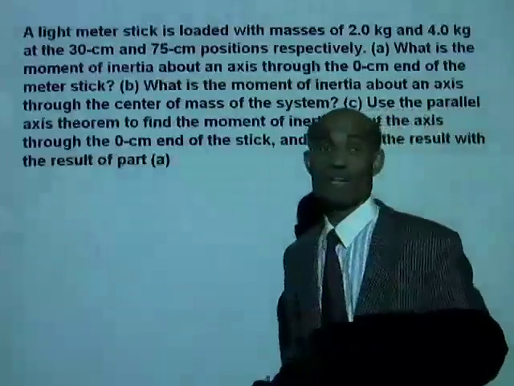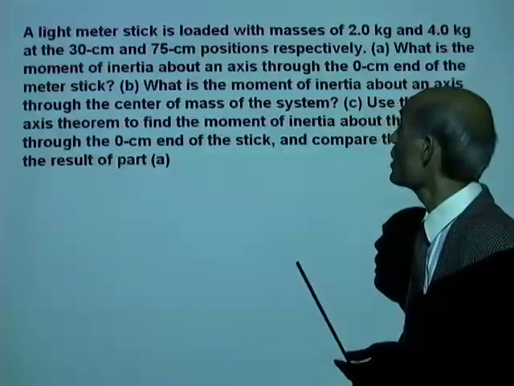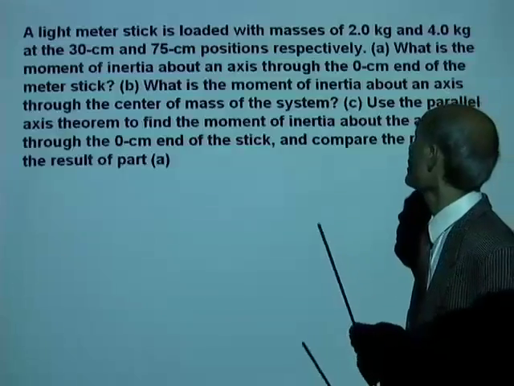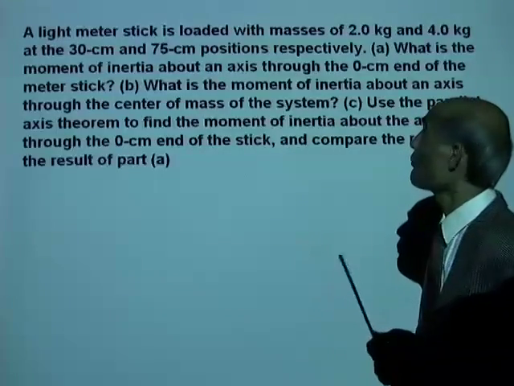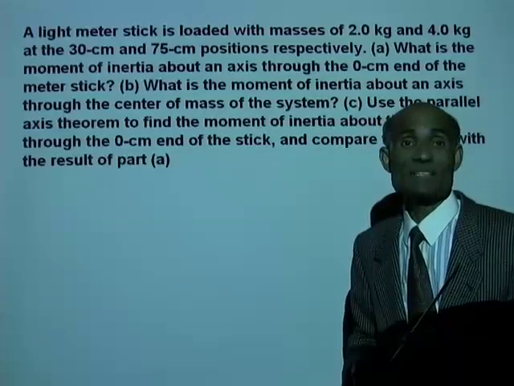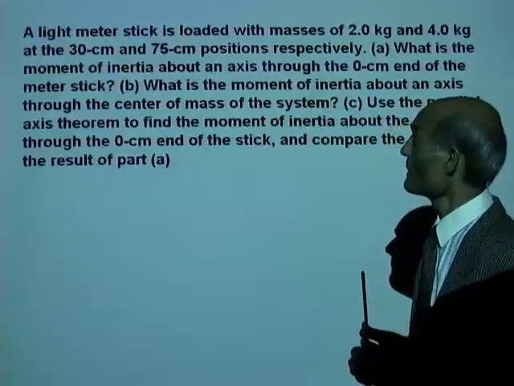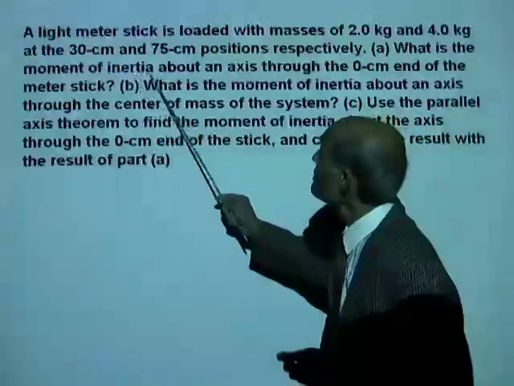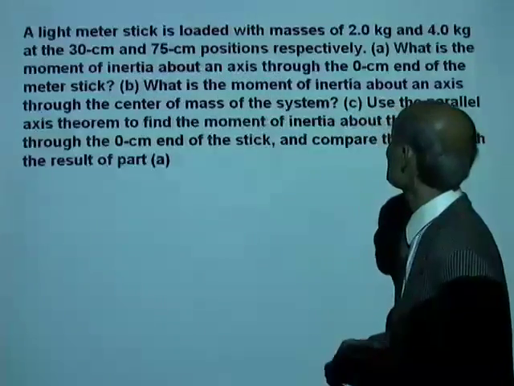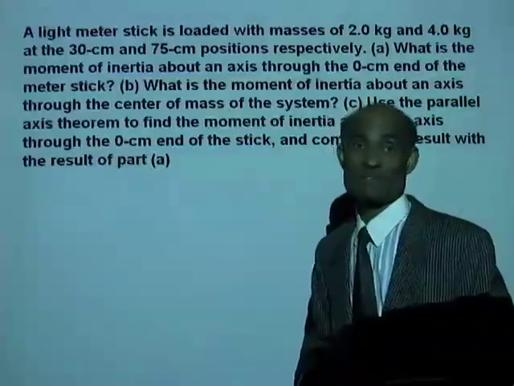Okay, another one. A light meter stick is loaded with masses of 2 kilogram and 4 kilogram at the 30 centimeter and 75 centimeter positions respectively. What is the moment of inertia about an axis through the 0 centimeter end of the meter stick?